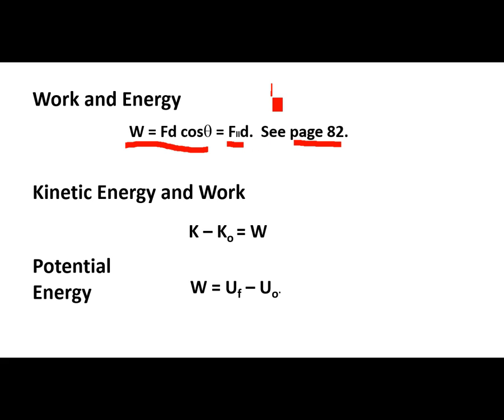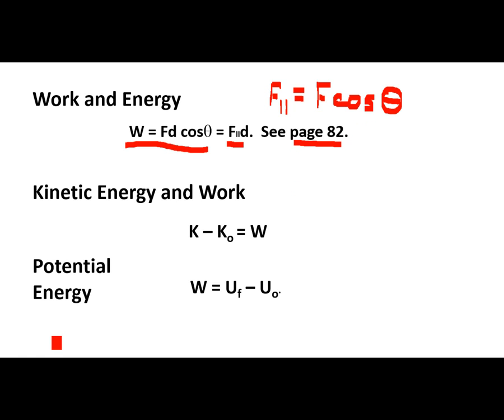So if we were to write that like this, that means F parallel is actually equal to F cosine of the angle theta, where theta is the angle between the direction that you're moving and the direction of the original force.